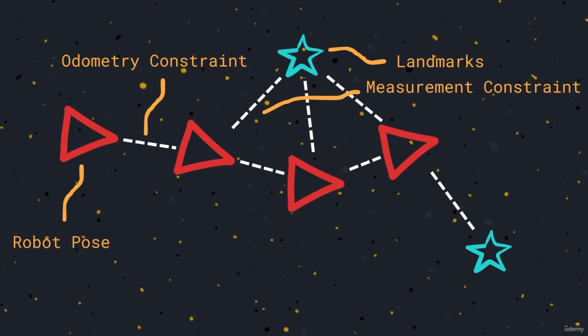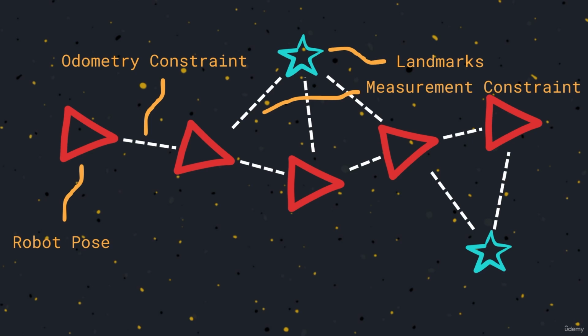In this way, we obtain a graph in which the nodes represent both the robot's position and the environmental landmarks, and the connections, so the graph edges, represent both the odometry measurement between two robot poses and the sensor measurements between the robot pose and the landmark.